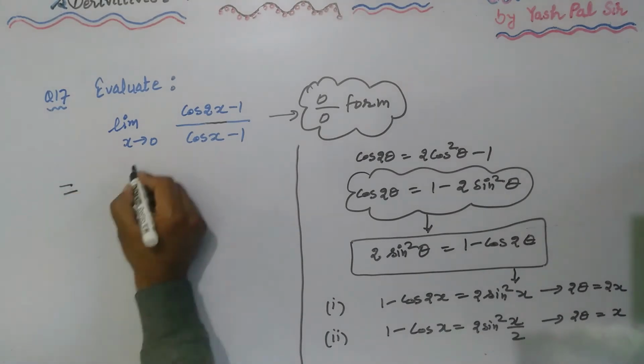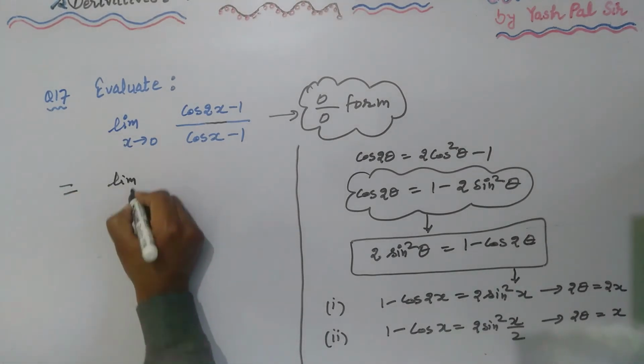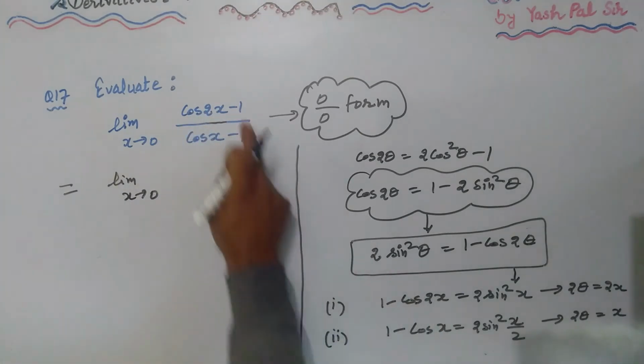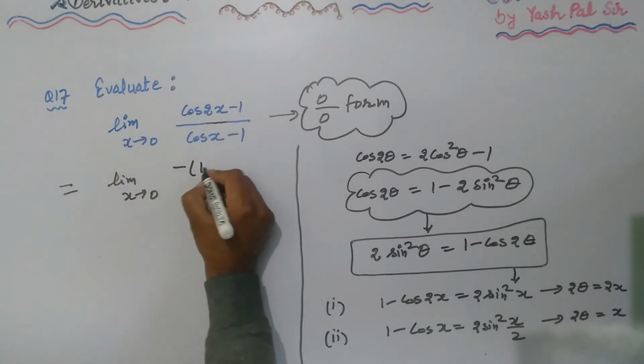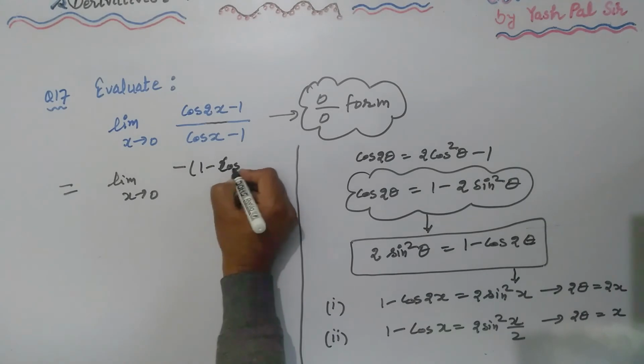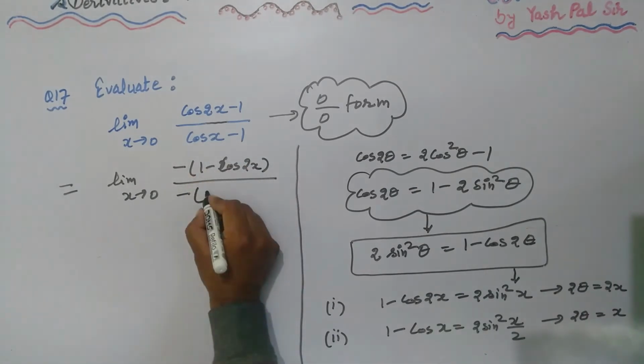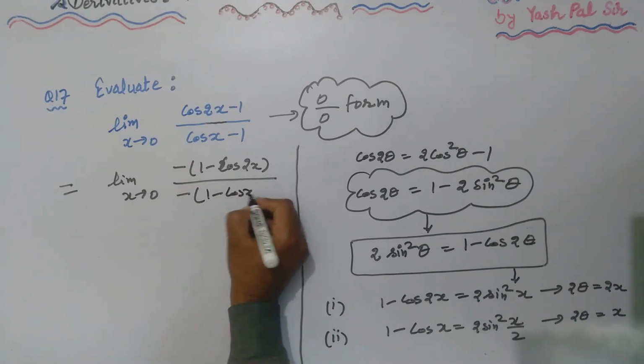This becomes limit x approaches 0, taking minus common, 1 minus cos 2x, divided by minus taking common, 1 minus cos x.